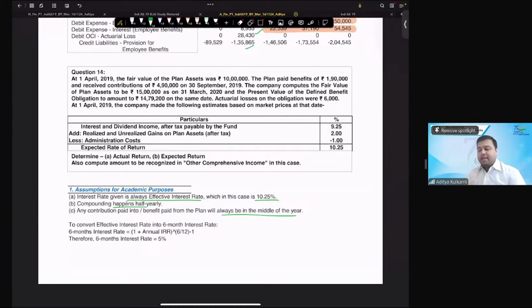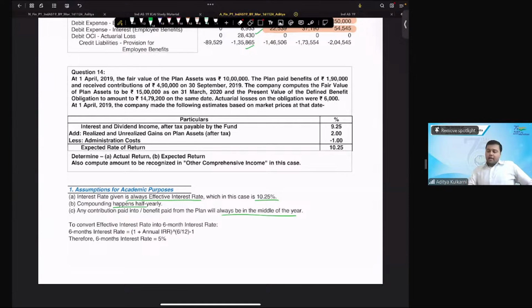See, when the dates are not given, typically it's reasonable to assume that whatever payout and contribution happens, that happens in the middle. And that is why they assume that compounding happens half yearly. It is reasonable to assume this when you get a question that requires you to calculate the rate of interest. Otherwise, what we assume happens towards the end of the year, you can take that and do the question. There is no harm in that as well.